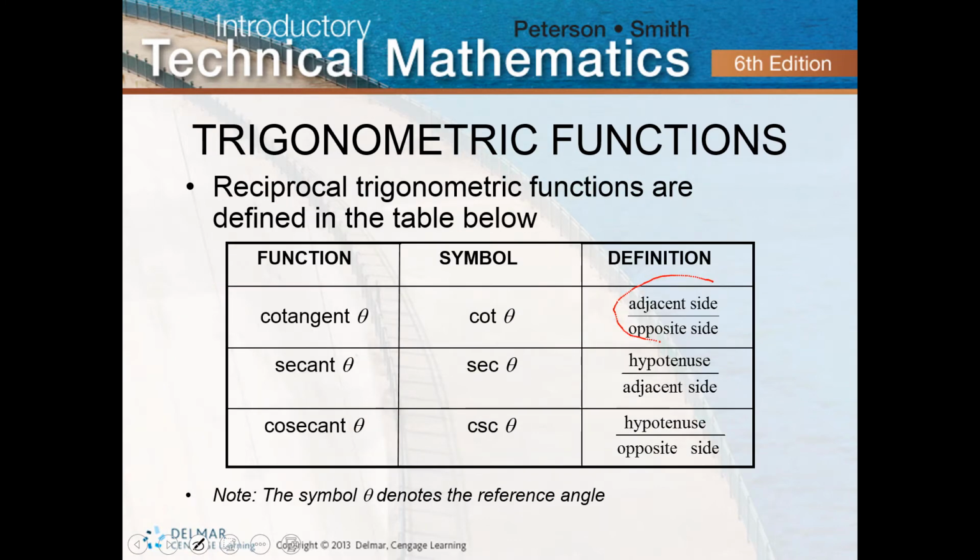If cosine is adjacent over hypotenuse, secant is now hypotenuse over adjacent. And then cosecant: if sine is opposite over hypotenuse, cosecant is hypotenuse over the opposite side. Do not ask me why they're called that. I have no idea, but that is what they're called.